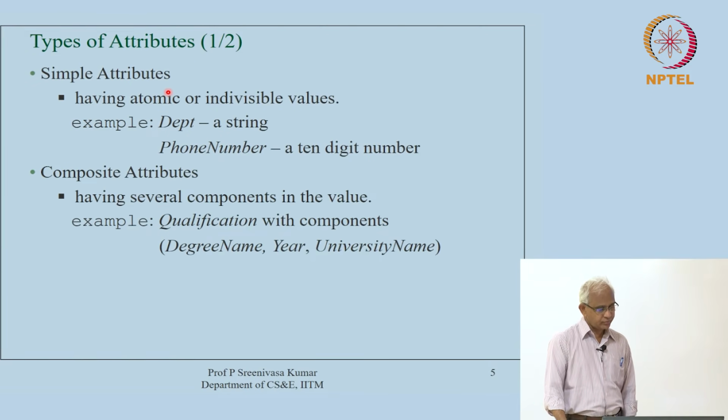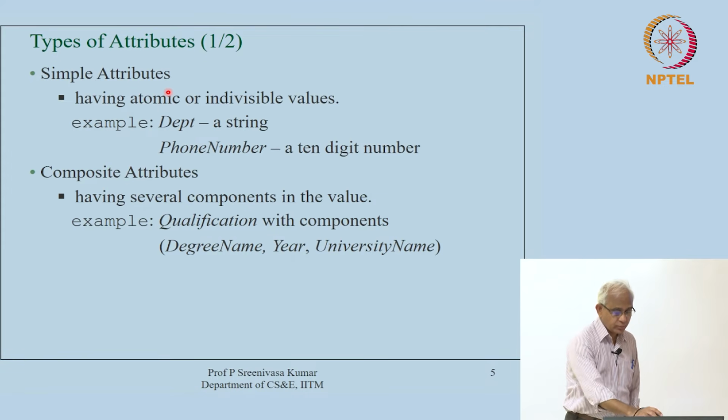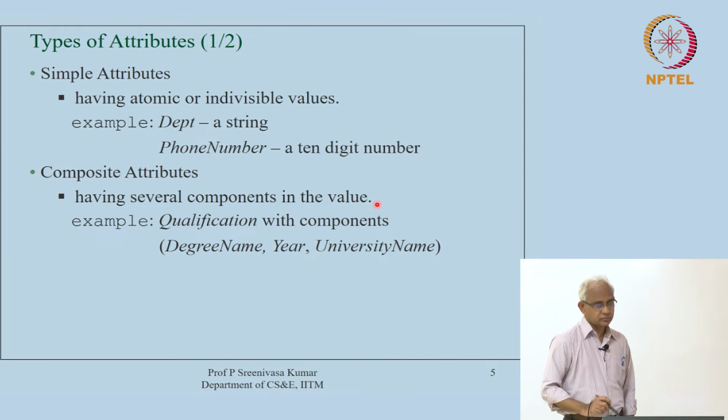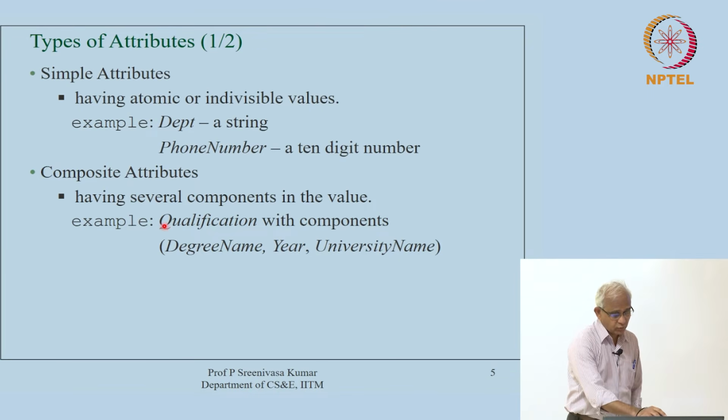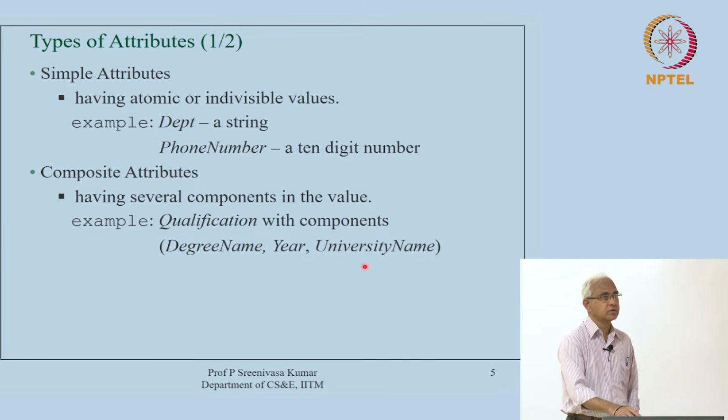Whereas, we have composite attributes. These composite attributes have several components in the value. For example, if you take qualification as an attribute of an individual person, then it is natural that it has components like degree name, what is the name of the degree, and year, the year of granting of that particular degree, and the university name, what is the university that granted that particular degree to that particular person.